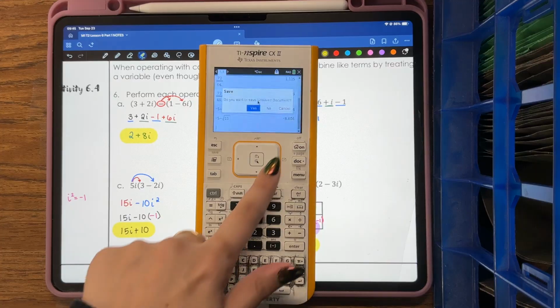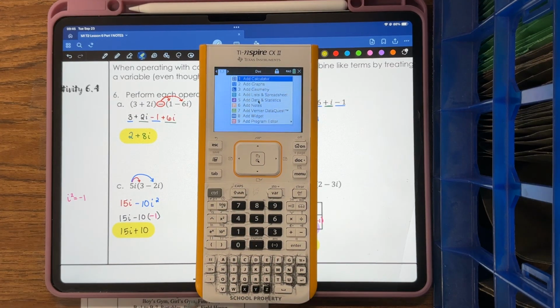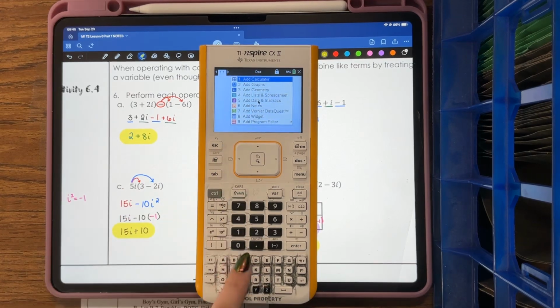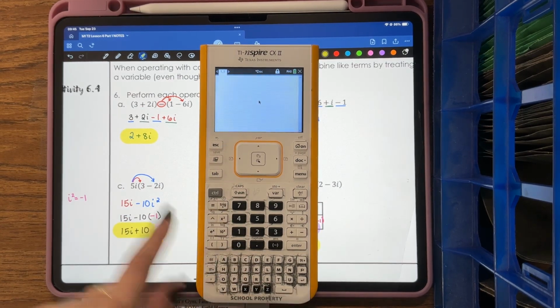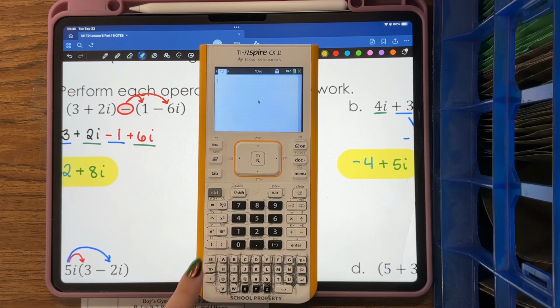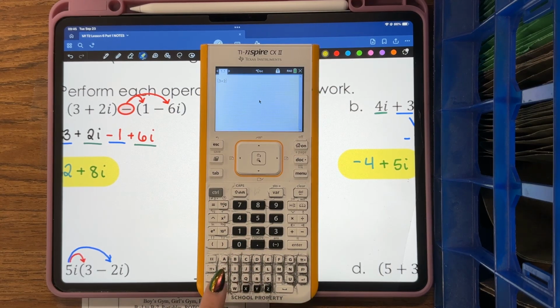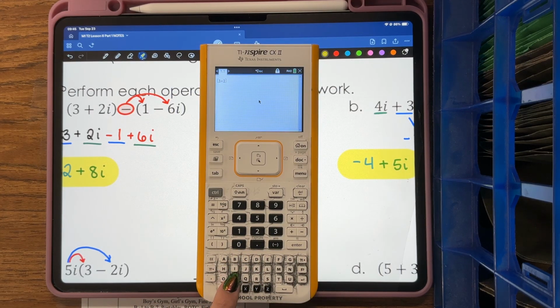So we're going to start with a new document, no to saving. Okay, and what we're going to do is we're going to add a calculator, which is number 1. And so we're going to type this in exactly as we see it. So we have 3 plus 2, and now this is where you have to be careful. You do not want to use this i here.